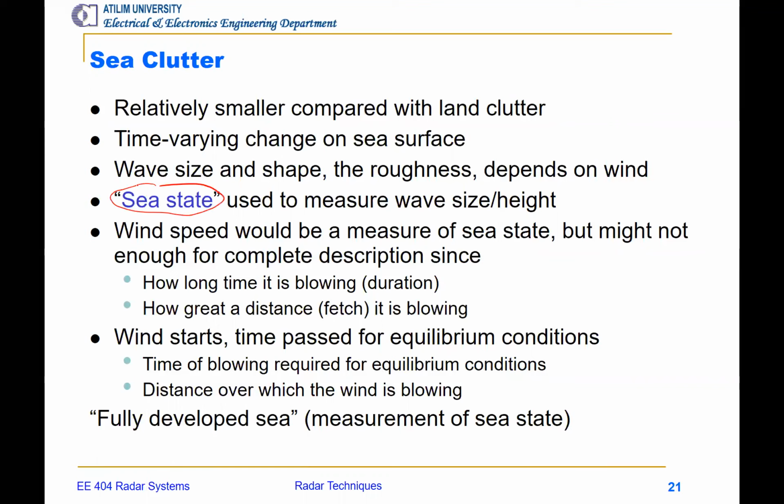Sea state actually measures the wave size or height, and usually waves are related to wind and the duration of the wind in time and space, as well as its equilibrium conditions, which are important for classification of the sea or defining the sea state.